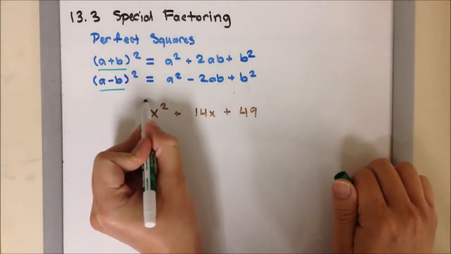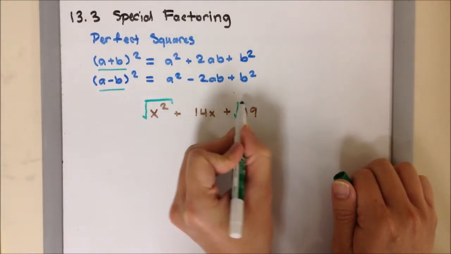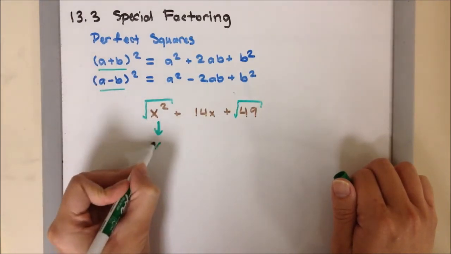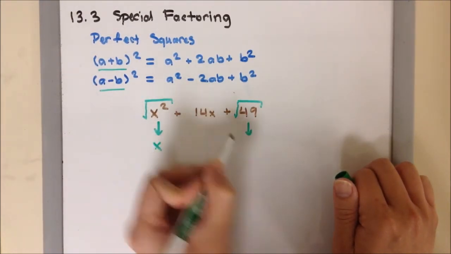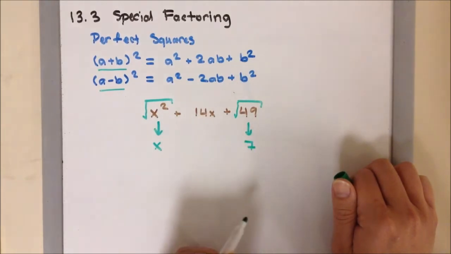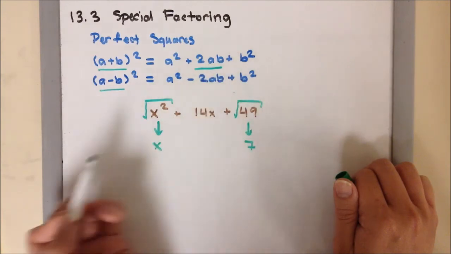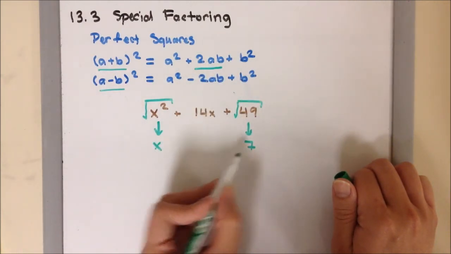To double check, I'm going to take the square root of the first term and the last term. The square root of x squared is just x. The square root of 49 is 7. Now we're going to check the middle term, 2 times a times b. This is my a and this is my b.